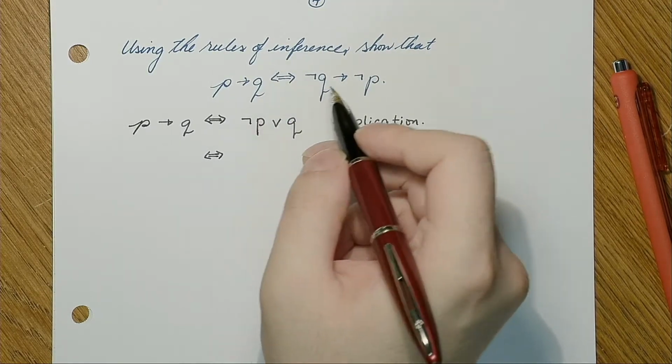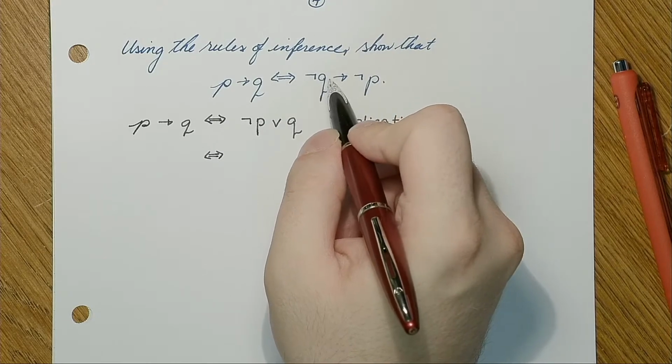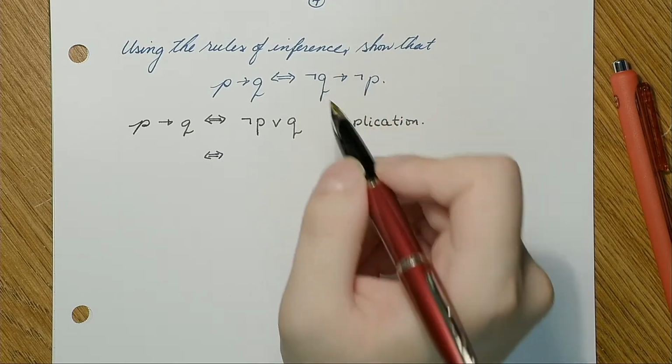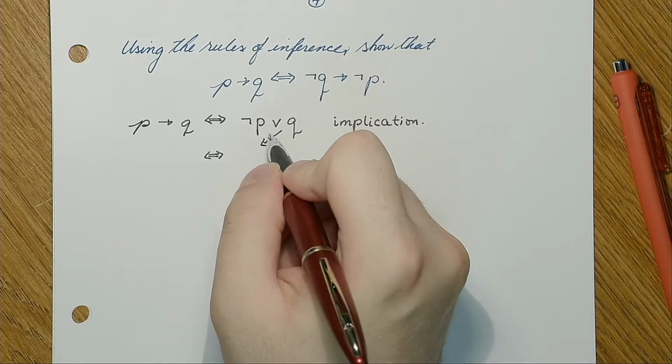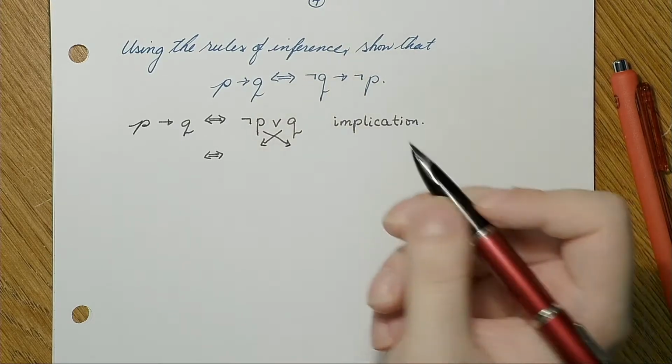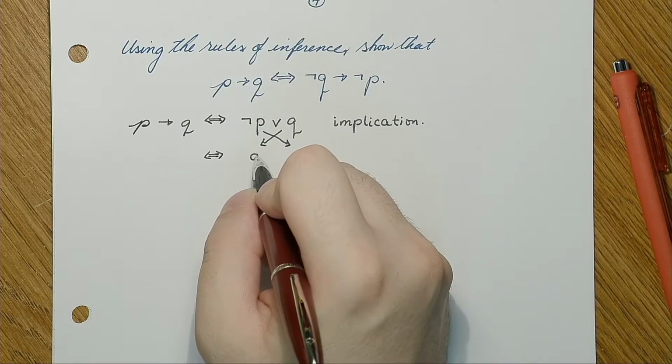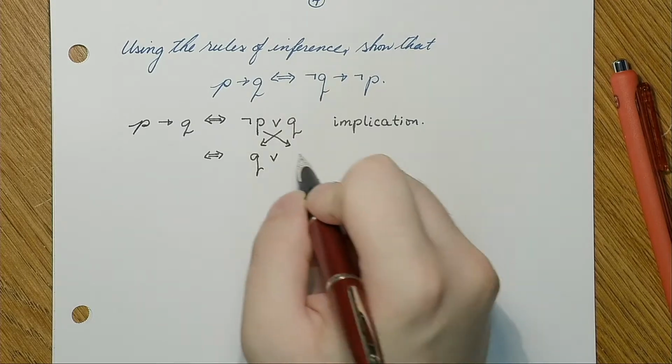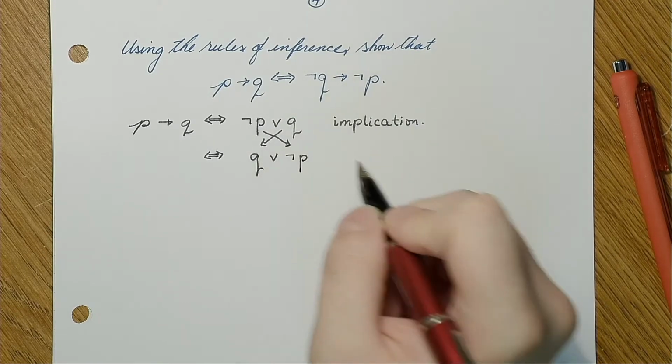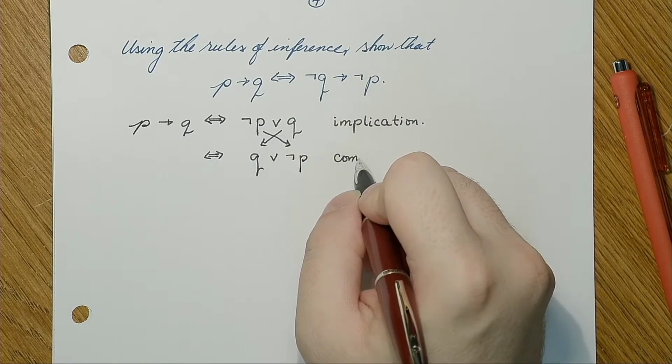I need to get the Q over on the left-hand side of the implication, so I'm going to change the order. I'm going to go with Q or not P. So there's our commutativity property.